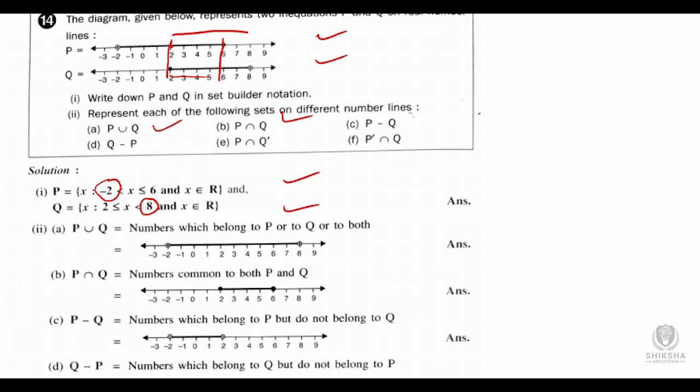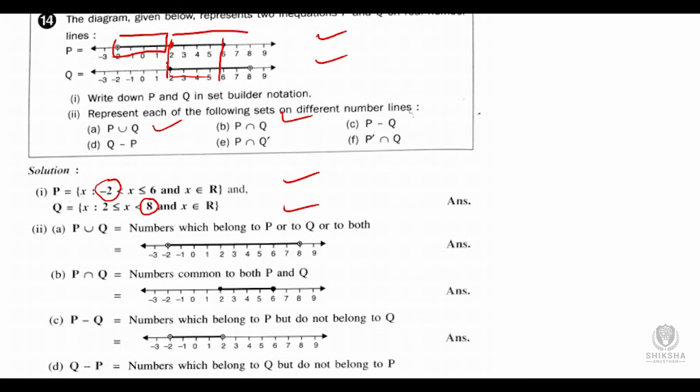So if you remove this part from P, then this part would be P minus Q. So minus 2 till 2, but 2 will not be included because this 2 is included in Q. So minus 2 till plus 2, but both will not be included.